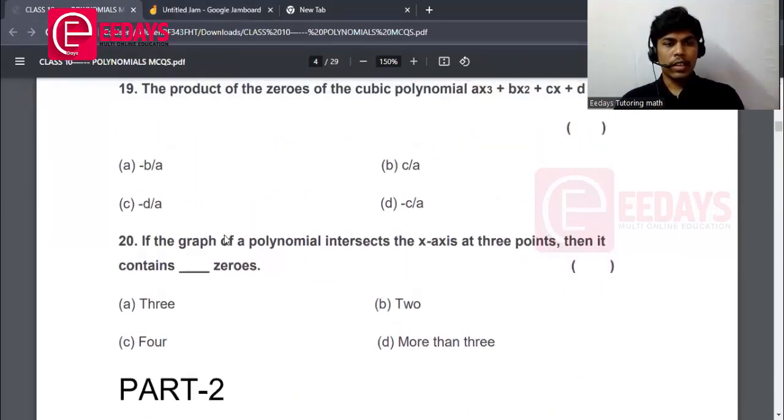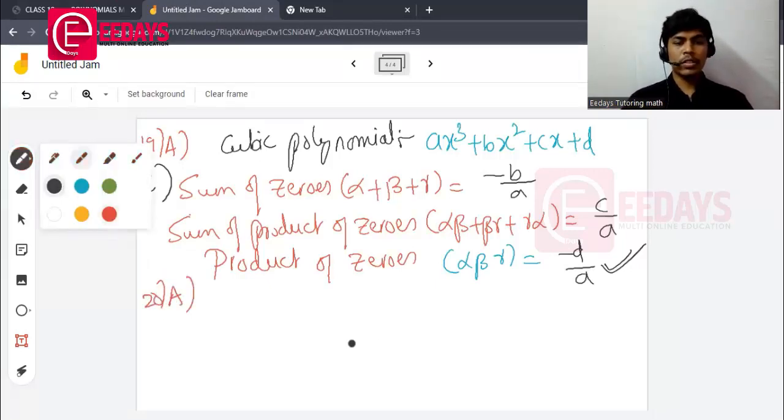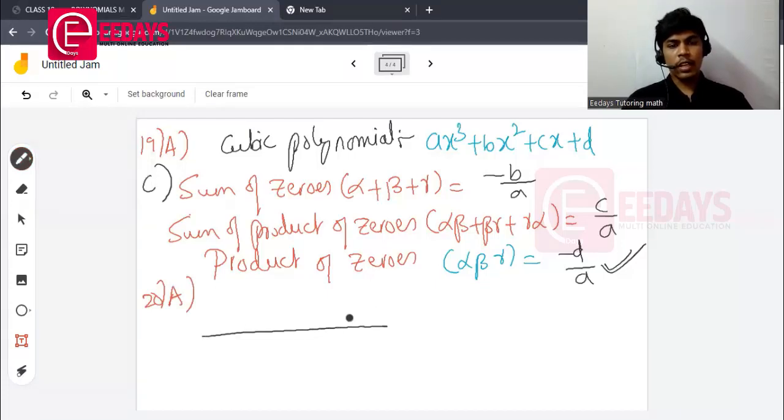Okay, last one. If the graph of a polynomial intersects the x-axis at 3 points, then how many zeros does it contain? Previously we discussed the number of zeros. If we draw the graph like this, this is the y-axis, this is the x-axis.